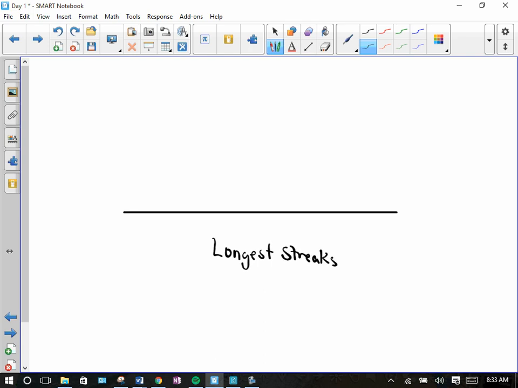So how do we create this dot plot? Well, we do a simulation. We count our longest streak of completions, in this case. Our longest streak was 11. So we would put 11 on here, and it would get one dot.